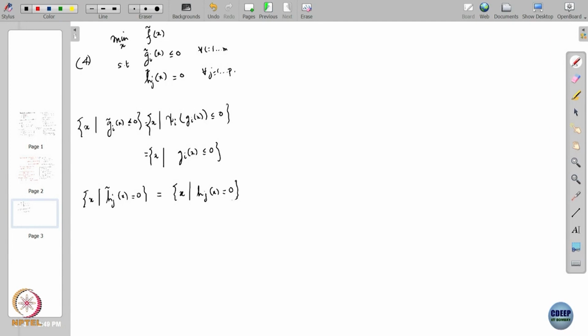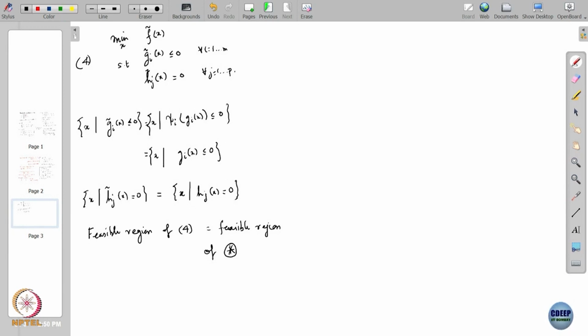So, the feasible region of the two problems are the same. The feasible region of 4 is equal to the feasible region of star.